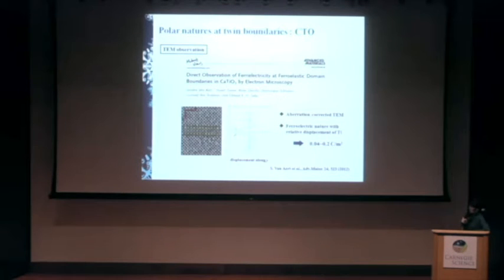However, there are some problems that we need to consider about this experiment. For example, in the case of TEM, they only observed one type of domain boundary, although there are several different domain boundaries in ferroelastic materials. Another thing is that because this is a TEM measurement, they need to prepare a very thin sample by milling or polishing.